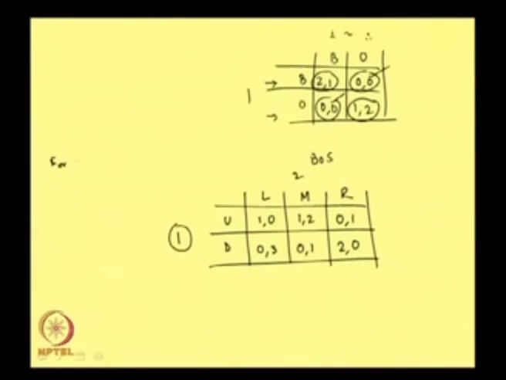So, for 2, R is strictly dominated by M, right, because if one is playing U, M is better, if one is playing D, even then M is better. So, M is strictly dominating R.